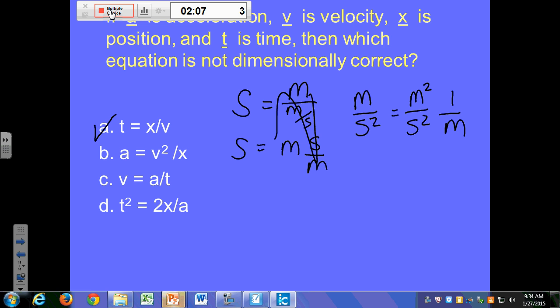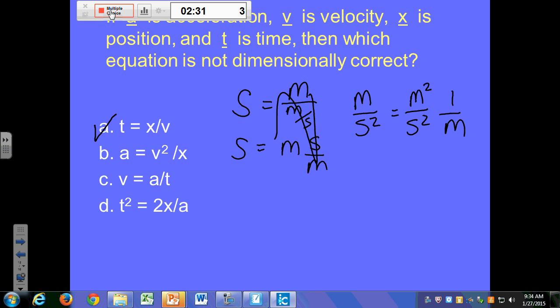But often it's a lot easier to see it that way. Is that dimensionally correct or not? Are those units consistent? Yes, they are, right? Because if I cancel out a meters here with a meters here, I'm left with 1 in the numerator, meters per second squared. So that one's not the right answer.